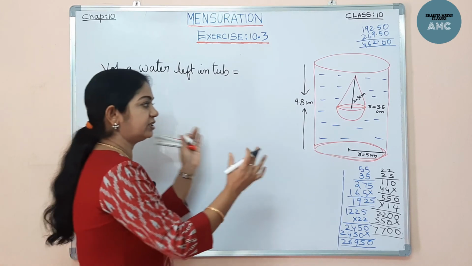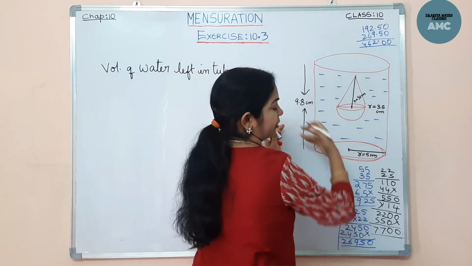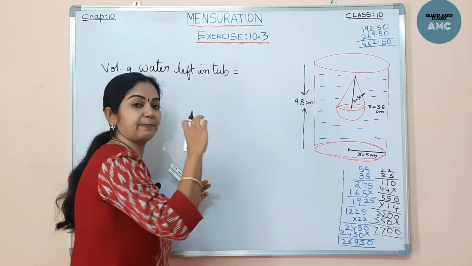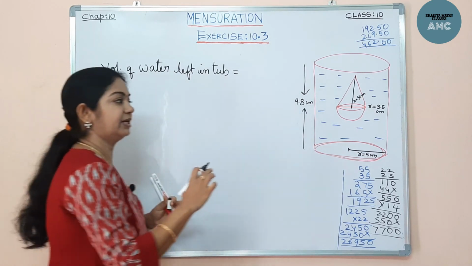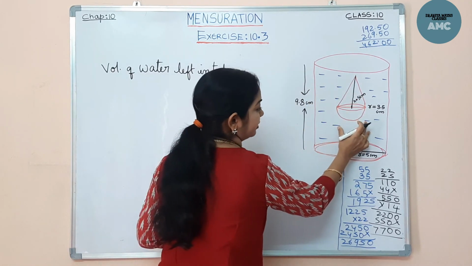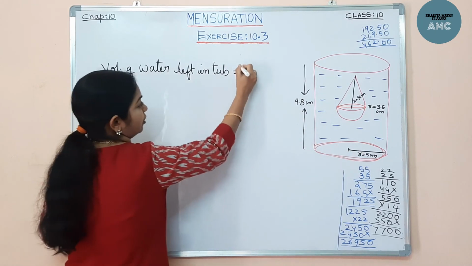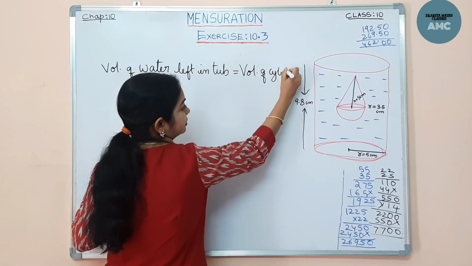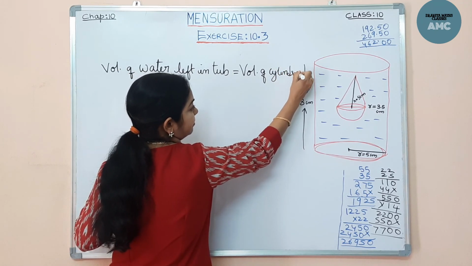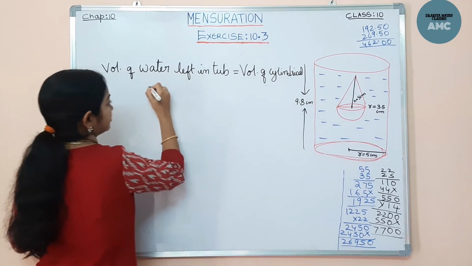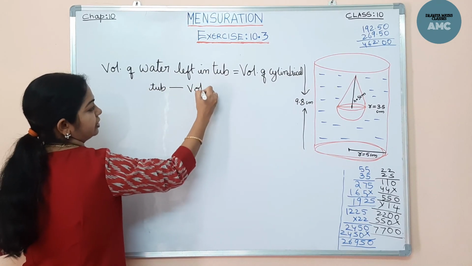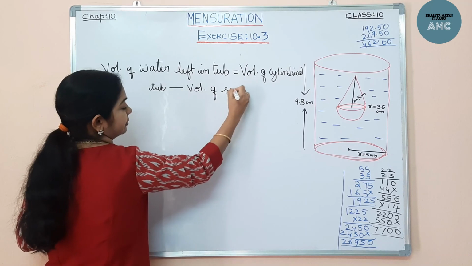Now first we found out the volume of the whole cylinder, then we found out the volume of the solid. If you subtract both of them, we will be getting the water that remained in the tub. This is the volume of the cylindrical tub minus the volume of the solid.